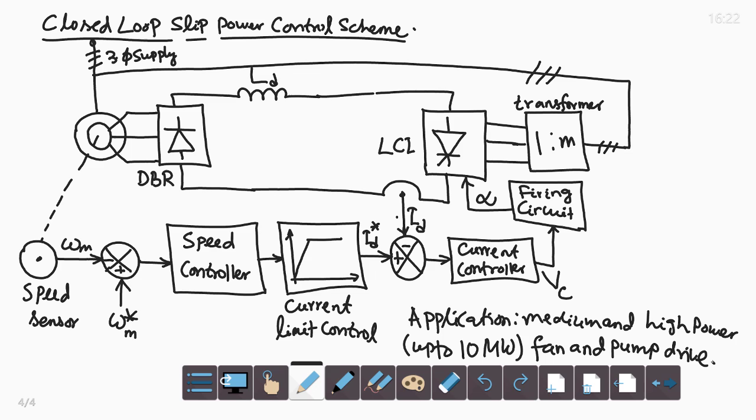So, this is the application of static Scherbius drive.